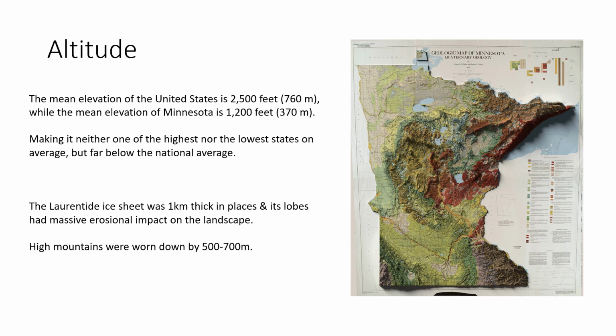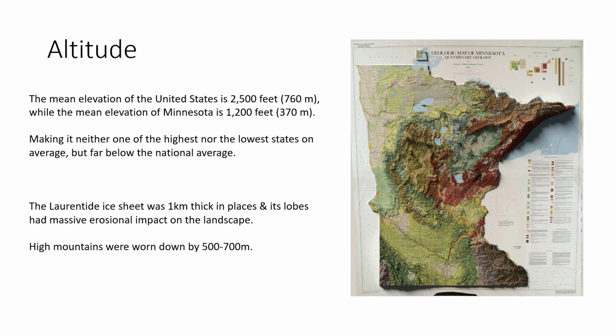Altitude is important too. On average, the majority of the United States is about 760 meters above sea level. Minnesota is significantly less than that. It's on the lower side in terms of altitude for the US, but it's not the lowest. So there is significant variation across the US, but also within Minnesota.